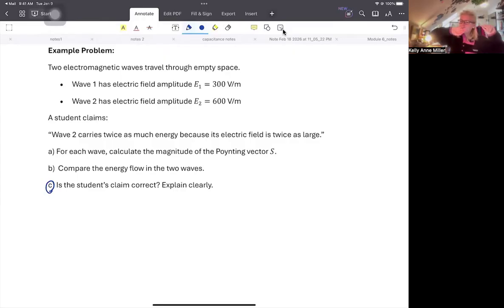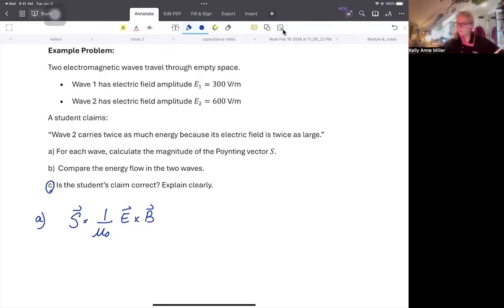Okay. So the first thing we want to do is, for each wave, calculate the magnitude of the Poynting vector. Remember, the Poynting vector is just 1 over mu naught times E times B, right?